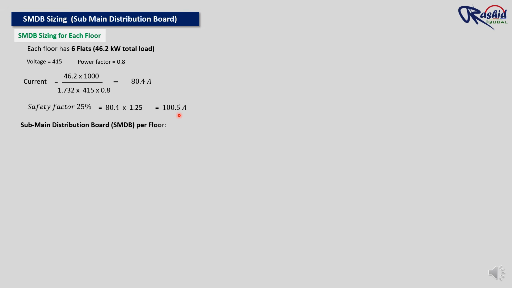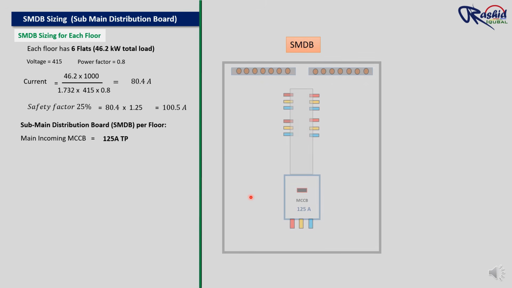So we can select the next standard size of main breaker, meaning MCCB, equal to 125 ampere, and this is TP, 3 pole only. We will use a 3 pole 125 ampere MCCB, because this is an SMDB, sub-main distribution board, so we will use MCCB for incoming and outgoing both.